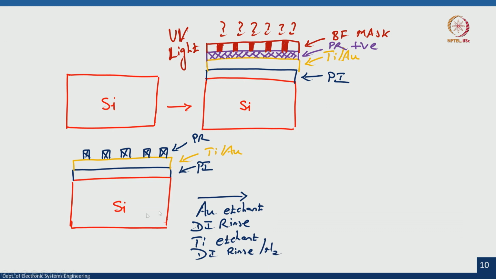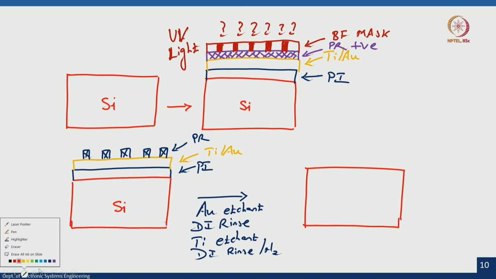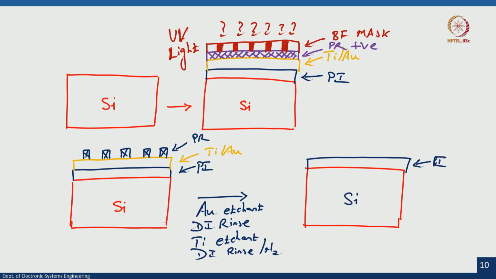If you do these steps, the titanium and gold will be etched from the area which is not protected by the photoresist.